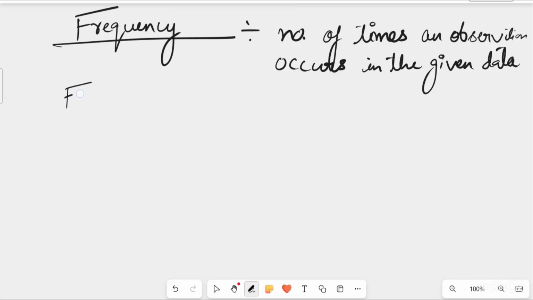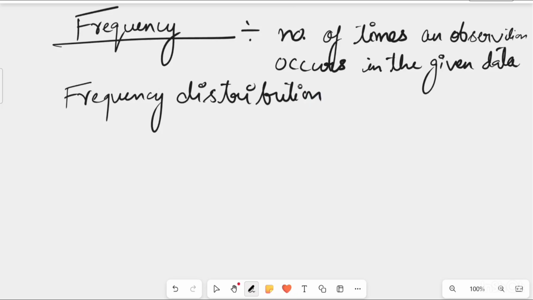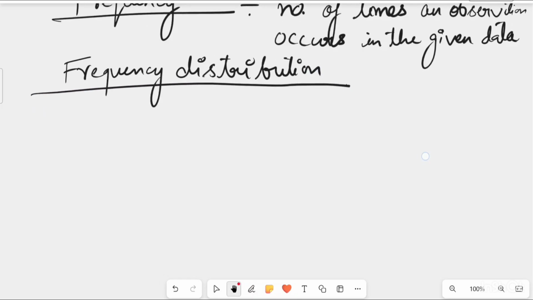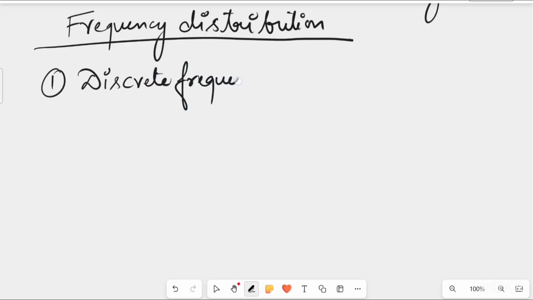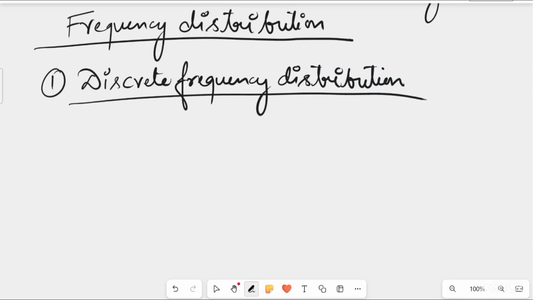Now frequency distribution, how it is distributed? There are some types of frequency distribution. First is discrete frequency distribution. A frequency distribution is discrete frequency distribution if data is presented in such a way that exact measurements of units are clearly shown.